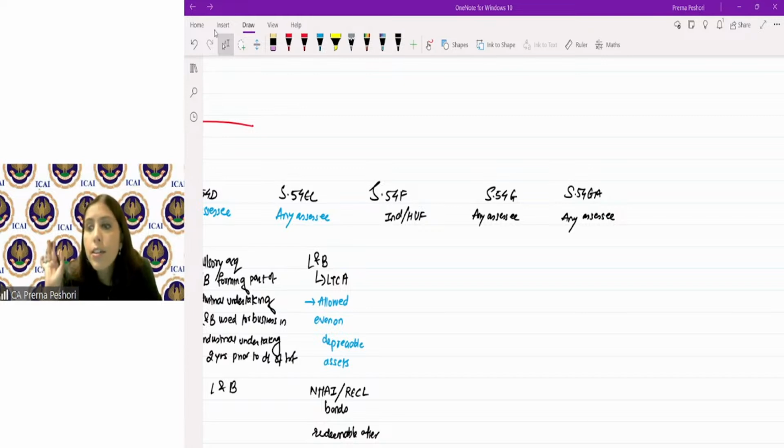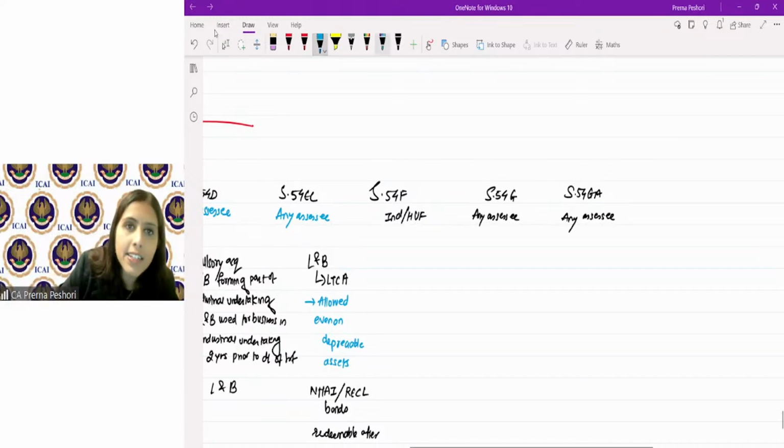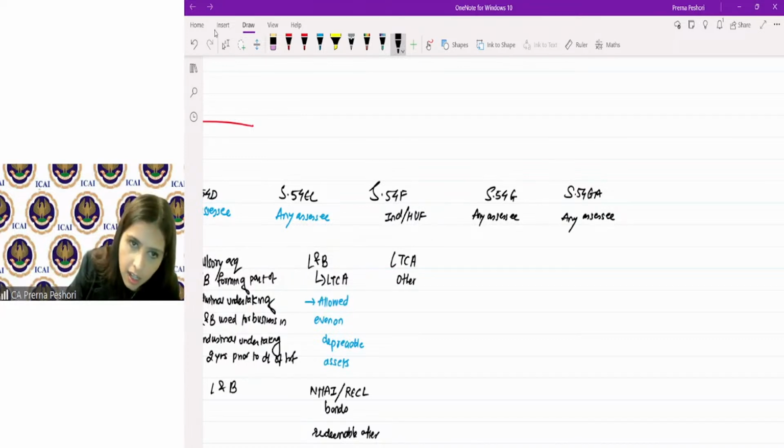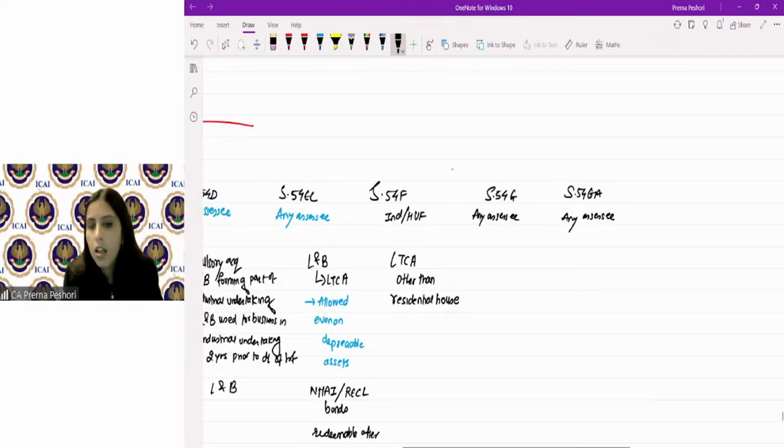Here it should be a long-term capital asset, not being a residential house. So this should be any other asset other than the residential house. So, but this should be a long-term capital asset other than residential house. Are we getting that?